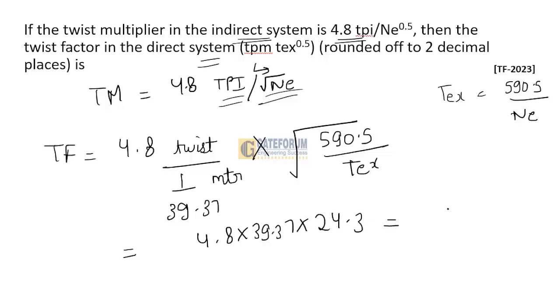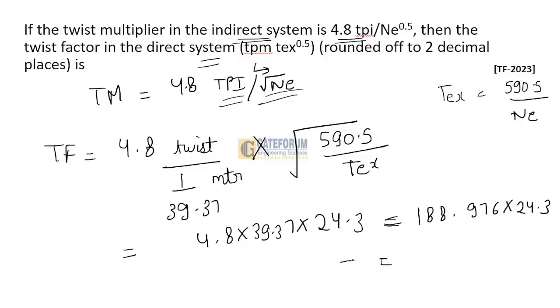If you will calculate this, then it would come out 39.37 into 4.8. You can do this by using the GATE calculator. Then if you will calculate, it would come out to be 188.976 into 24.3. Using GATE calculator you can solve this.